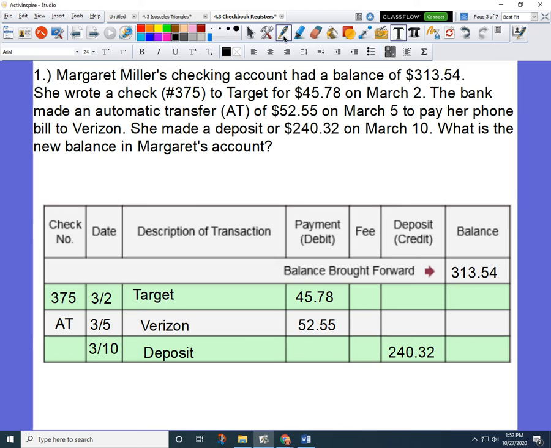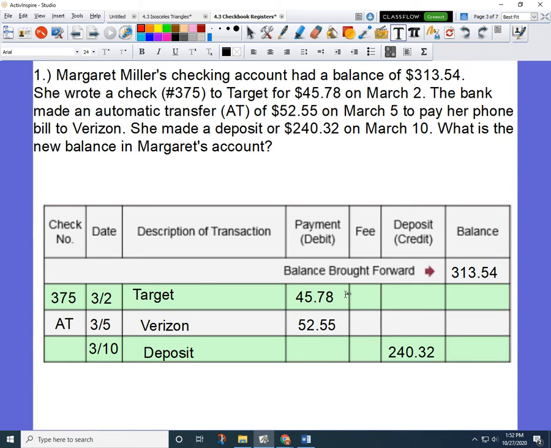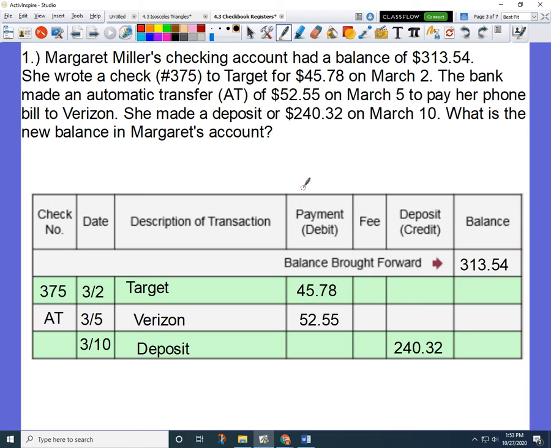What we're going to do now is figure out the balance after each transaction. So she started with $313.54 here, and then she wrote a check for $45.78. All of the numbers listed in the payment and debit column are going to get subtracted. Everything listed in the deposit column is going to get added, and you're going to record your answer after each transaction.